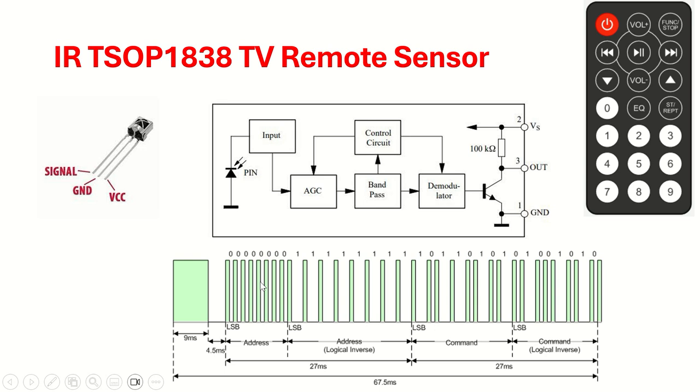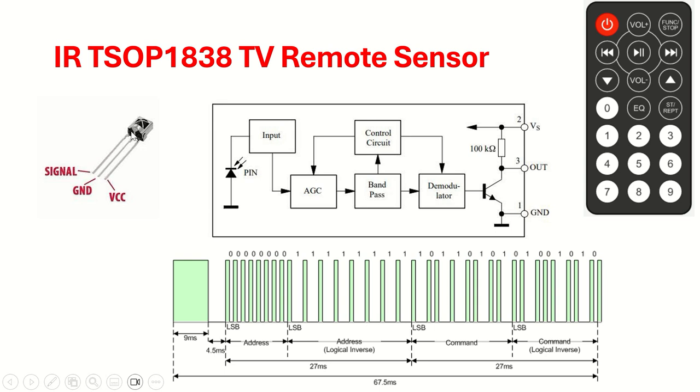So 8 plus 8 plus 8 plus 8 pulses, plus 9 milliseconds of high state and 4.5 milliseconds of low state, make up one key press. That's the beauty you need to understand. So whenever you press a key, a bunch of pulses with a total duration of 67.5 milliseconds will be transmitted.